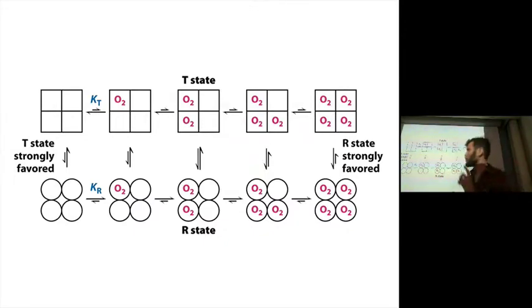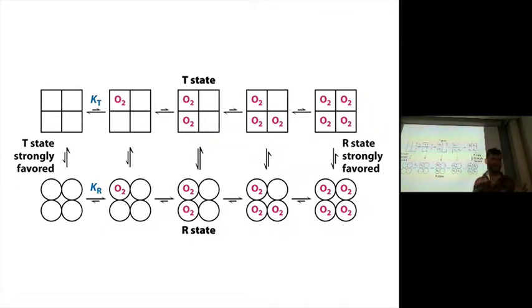It just so happens that when it's deoxy, the T state is strongly favored. It probably is in the T state when it is deoxy, but it can be in the R state. It is an equilibrium. It's just a strong equilibrium in the T state direction. On the other hand, the R state is strongly favored when it's in oxyhemoglobin.